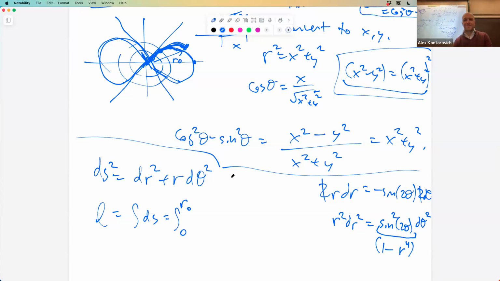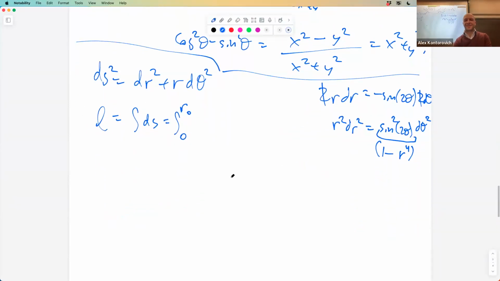So what did you guys get? One plus r cubed equal 1 minus r squared. Almost. If I solve for d theta squared, in other words, I'm going to divide both sides by 1 minus r to the 4th.